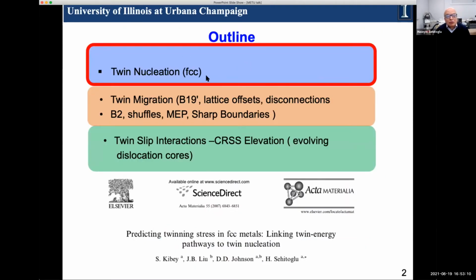First, I would like to speak about the twin nucleation in face-centered cubic materials, because this is the easiest case to see. And then I'm going to talk about more complicated lattices like B19 prime, which is a monoclinic lattice, B2, which is an ordered cubic lattice, and then I'm going to talk about twin slip interactions, which result in critical resolve shear stress elevation, increase of critical resolve shear stress.